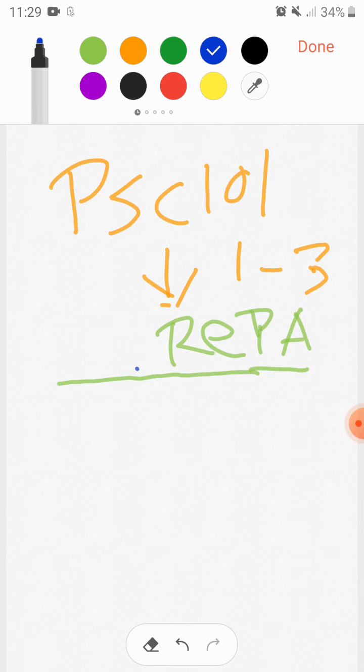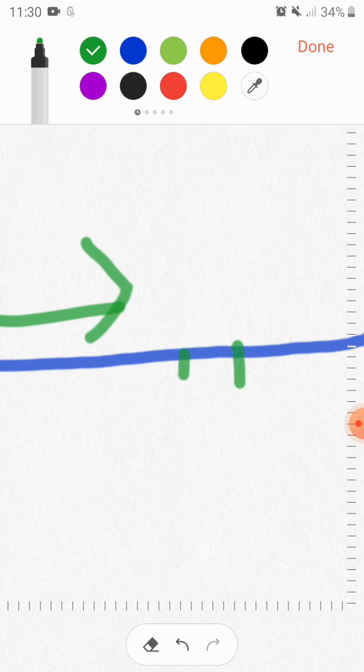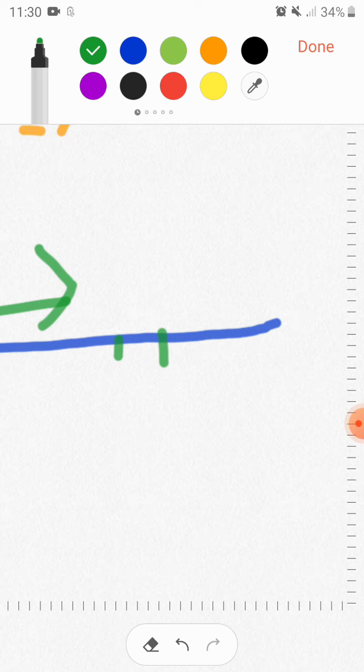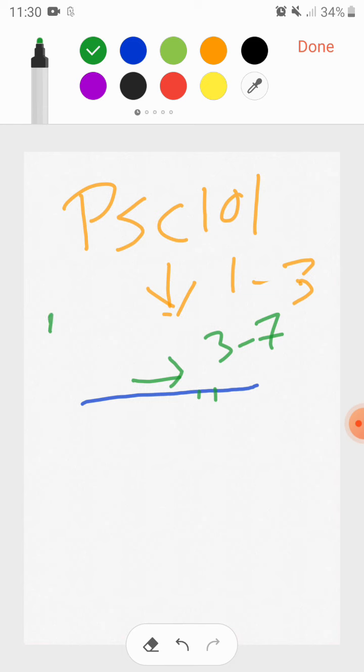For example, if you see that this is the site for the origin of replication, then after some base pairs there are sites known as iterons. For example, this is one iteron. There are actually 3 to 7 iteron sequences, and each of them is 17 to 21 base pairs in length.